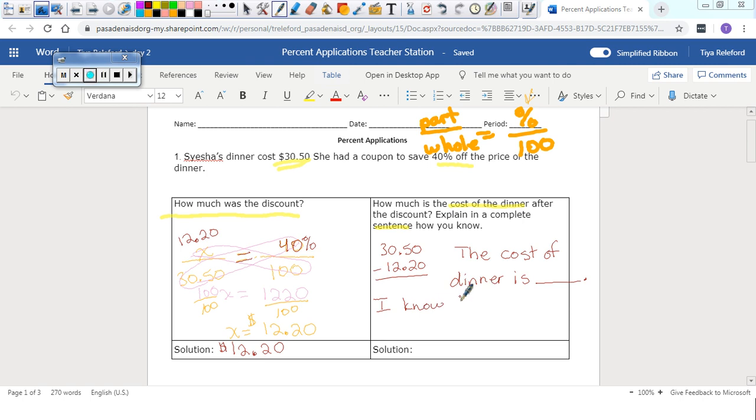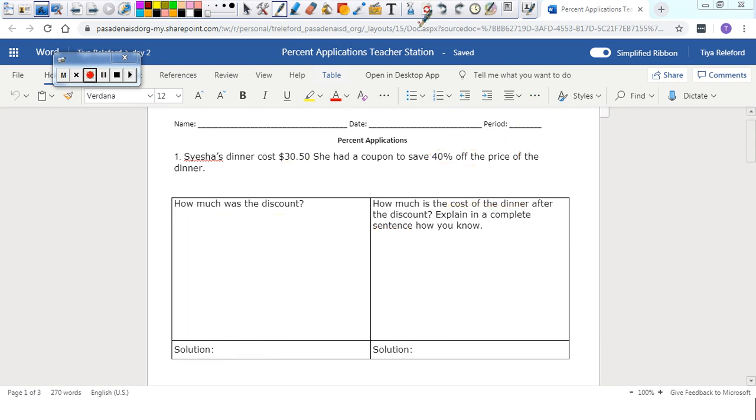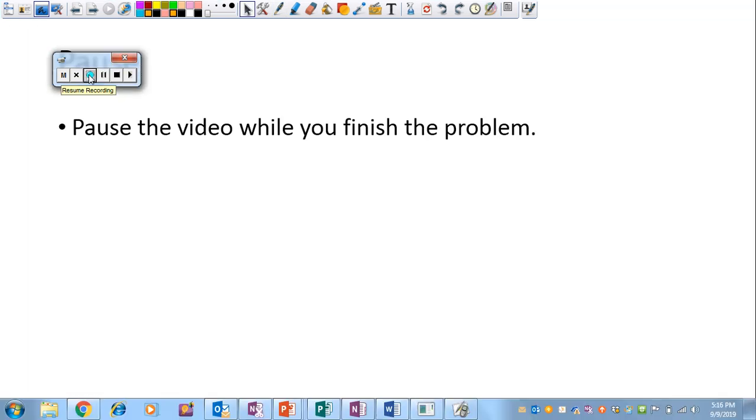I know this because... Pause the video while you finish the problem. When you're ready to go on to number 2, hit play again.